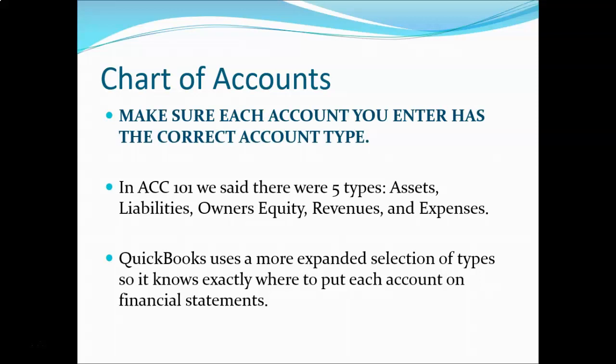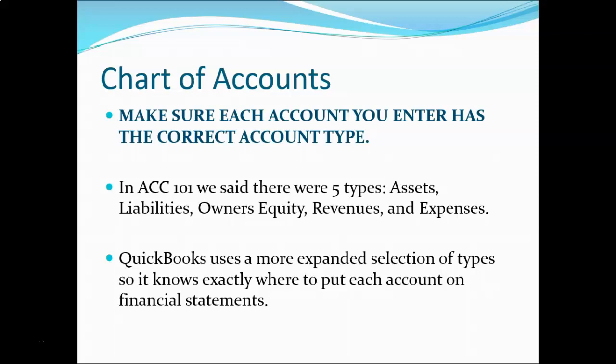You're going to have to make sure every account you enter as a new account has the correct account type. Now, back when we were in Accounting 101, we said there were 5 types: assets, liabilities, owner's equity, revenues, and expenses. Those are the 5 types that we talked about in Accounting 101. Well, QuickBooks wants to know exactly where to put a particular account on the financial statements.